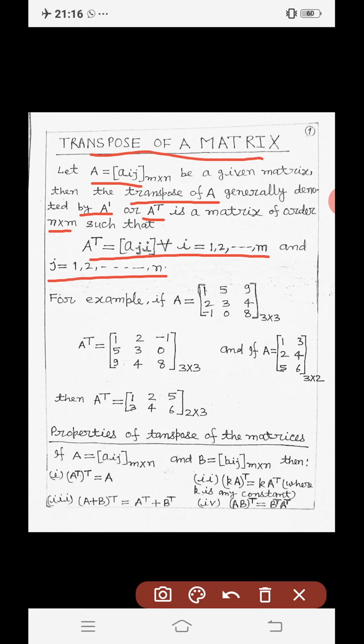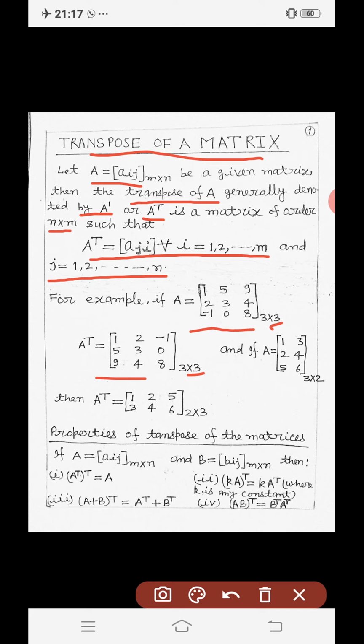For example, if A equals the matrix having elements 1, 5, 9, 2, 3, 4, -1, 0, 8 of order 3 by 3, then A transpose is the matrix having elements 1, 2, -1, 5, 3, 0, 9, 4, 8 of order 3 by 3.